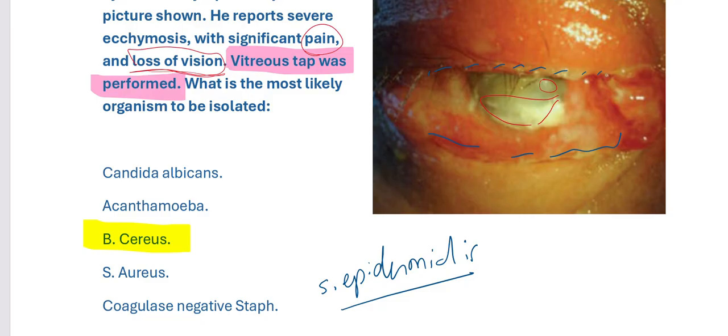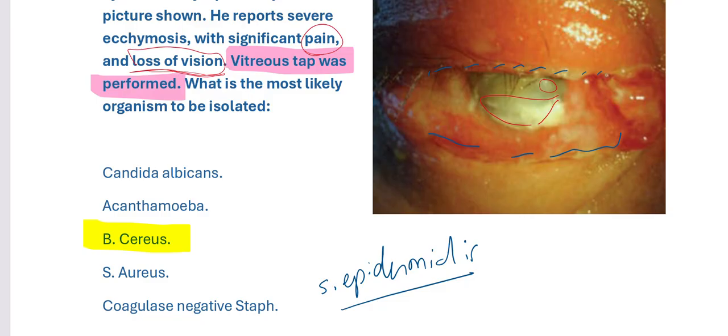This patient needs timely intervention with intravitreal injections. Empirically, we inject vancomycin, ceftazidime, and aminoglycosides are very effective as well in these cases, but they're toxic to the ocular tissues, hence avoided.